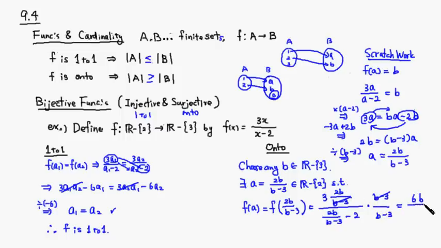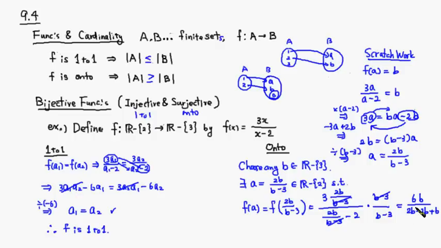Then on the bottom, b minus 3 cancels with the denominator, so you're going to get 2b. Then negative 2 times b minus 3 is negative 2b plus 6, since negative 2 times negative 3 is positive 6.